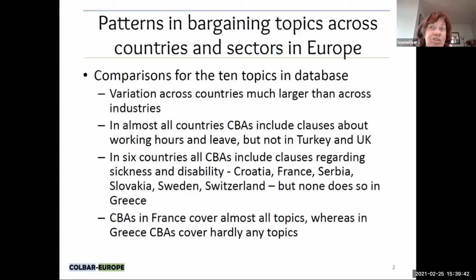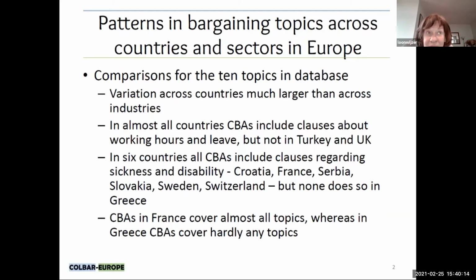If there are such clauses, then subsequent questions in the coding scheme pop up to ask for details about the health and safety clauses or any other topic. That is how basically the coding scheme for the collective bargaining agreements works. Altogether, we code more than 700 different items from the collective agreements.